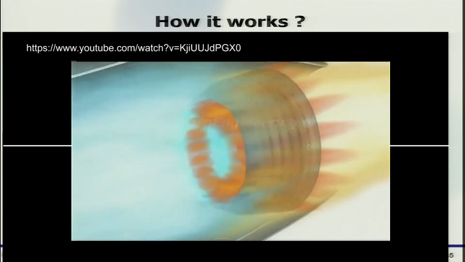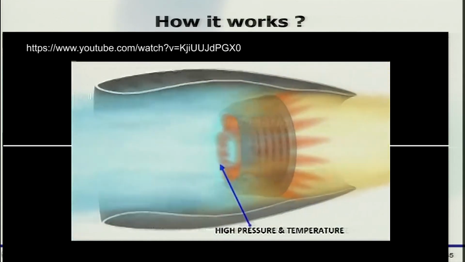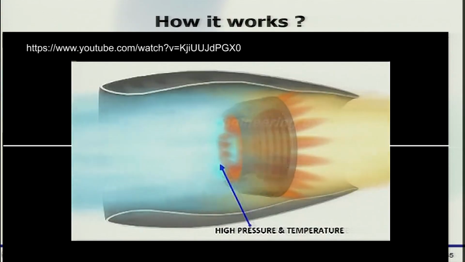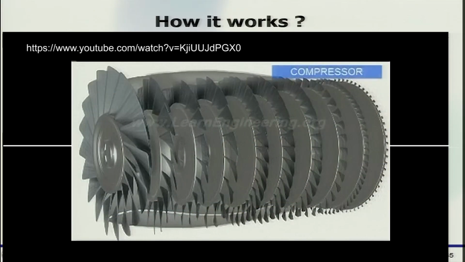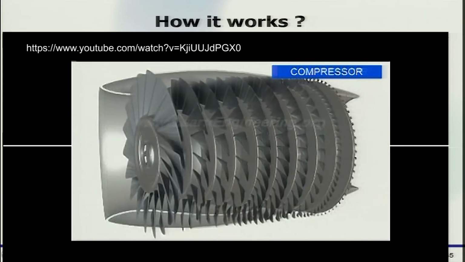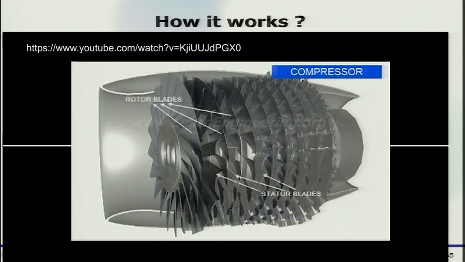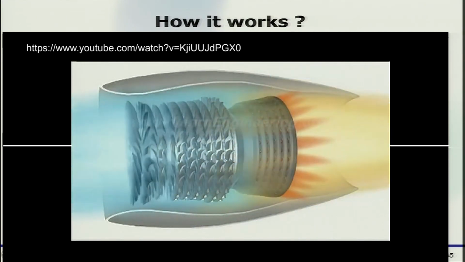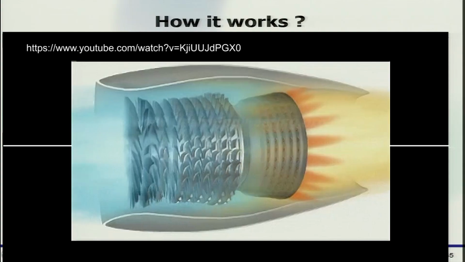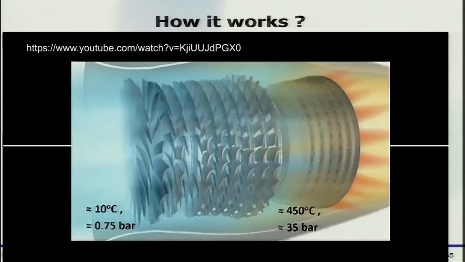Effective combustion requires air to be at moderately high temperature and pressure. To bring the air to this condition, a set of compressor stages are used. The rotating blades of the compressor add energy to the fluid, and its temperature and pressure rise to a level suitable to sustain combustion.